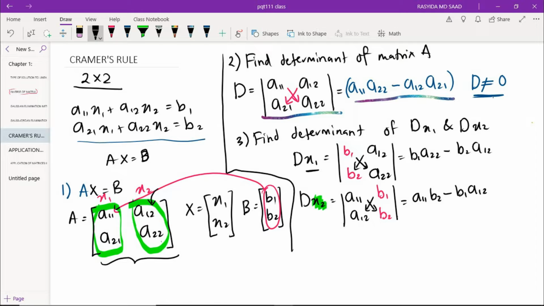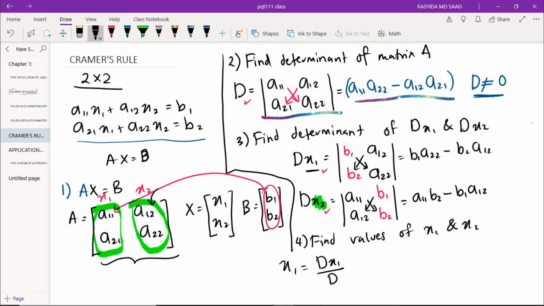After we get these three determinants, the determinant of matrix A, the determinant of x1 and the determinant of x2, we will find the values of x1 and x2. How? The value of the unknown variable x1 is equal to dx1 over d.